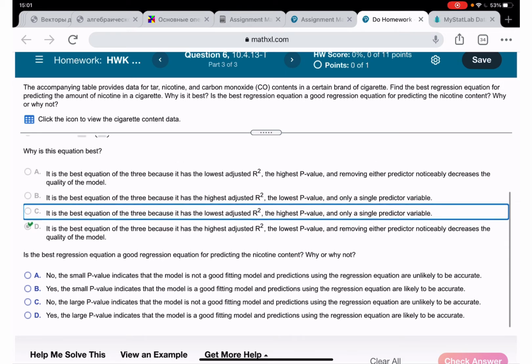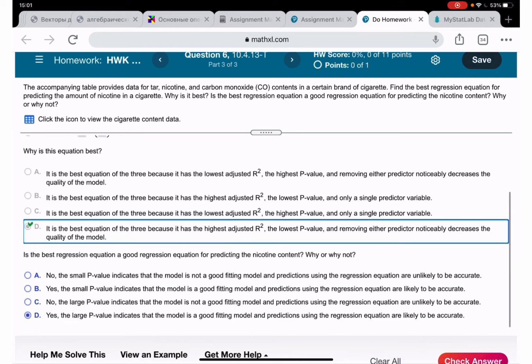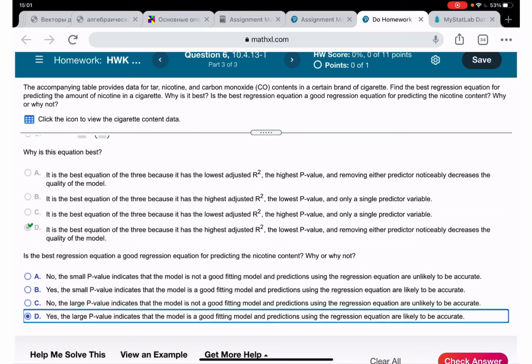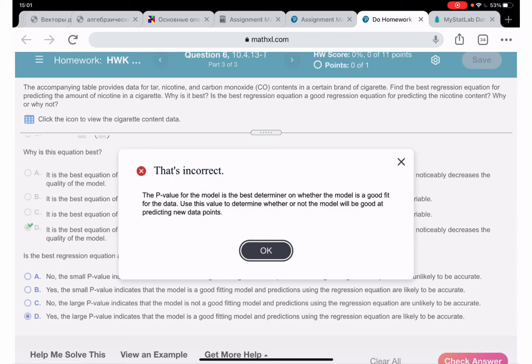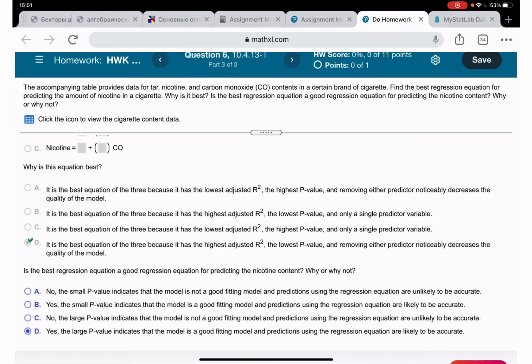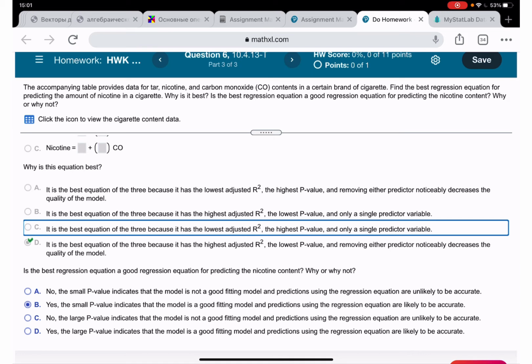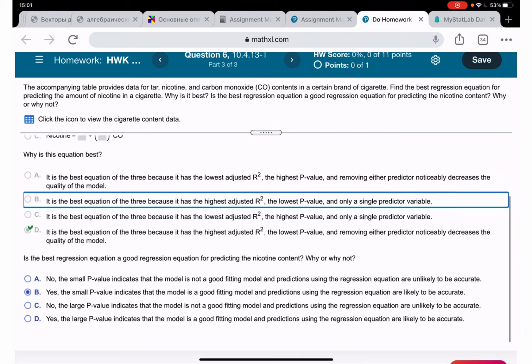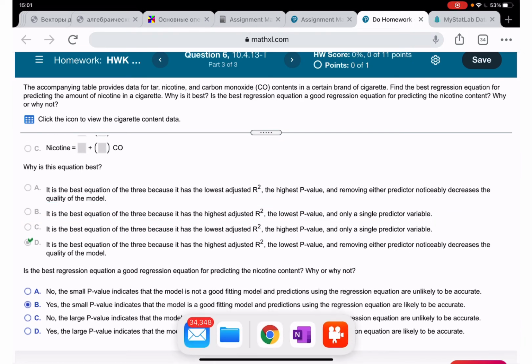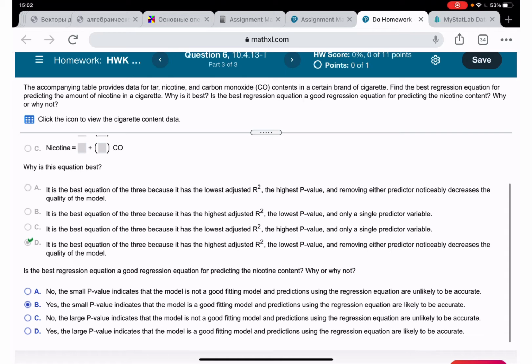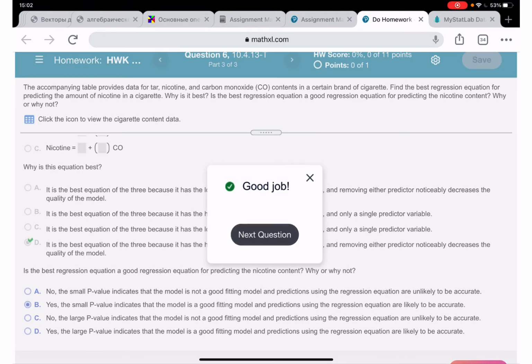So which one is it? D. Did I mess up something again? Large p-value, duh. Sorry, I'm saying small and choosing large. A small p-value indicates that the model is a good fitting model, and predictions using the regression equation are likely to be accurate. It should be it.